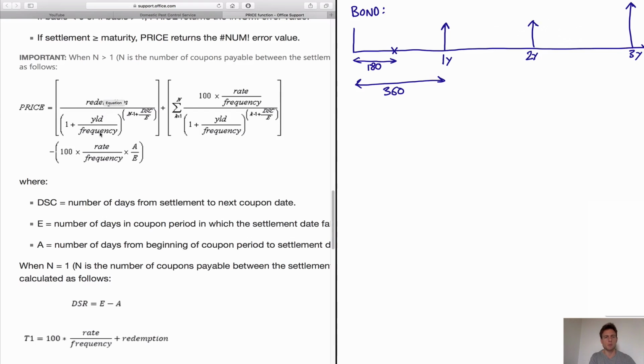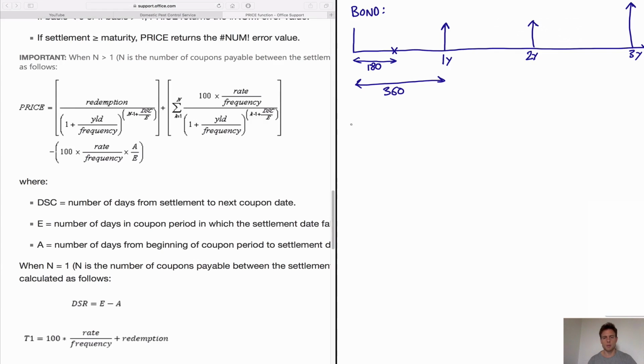Let's assume frequency is 1, so annual payments for the time being. So 1 plus the yield to the power something, right? We'll go into this in a second. That's your discount factor. So that's your principal divided by 1 plus y to the power something, plus, right?